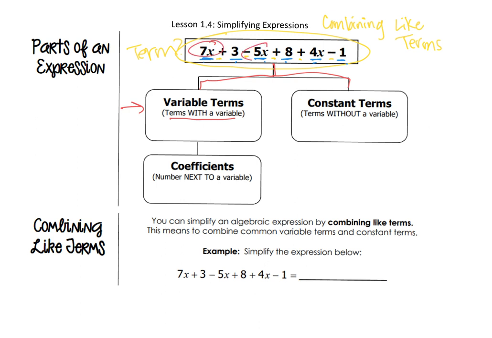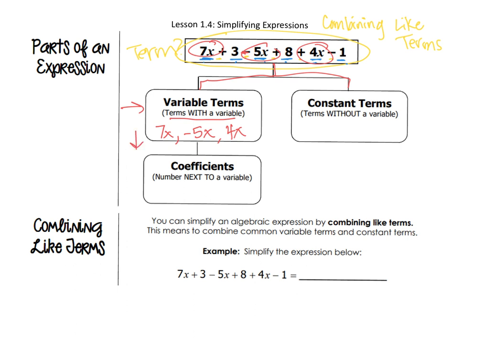We have 7x, negative 5x, and the sign directly in front of the term belongs to it. So this negative was right in front of 5x, so this is a negative 5x. And positive 4x. I'll write those down in this box. So 7x, negative 5x, and 4x are all the variable terms.